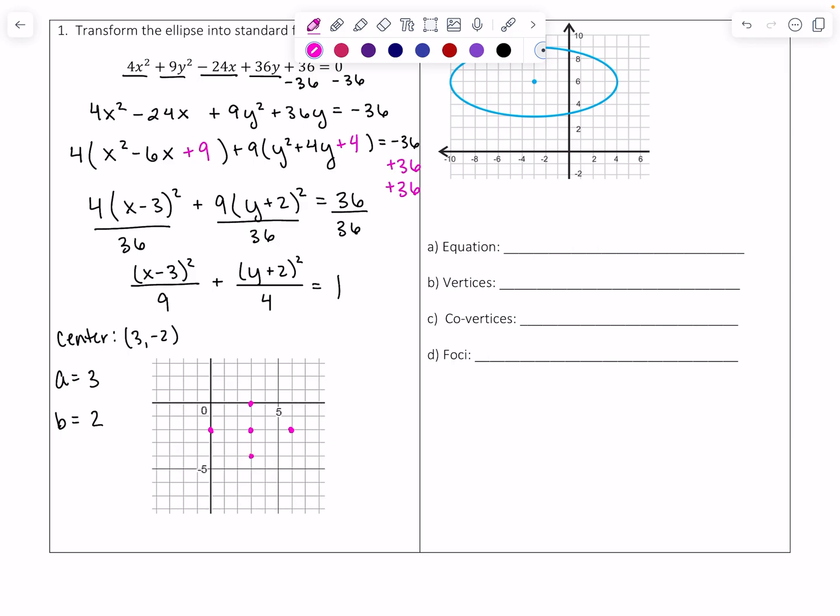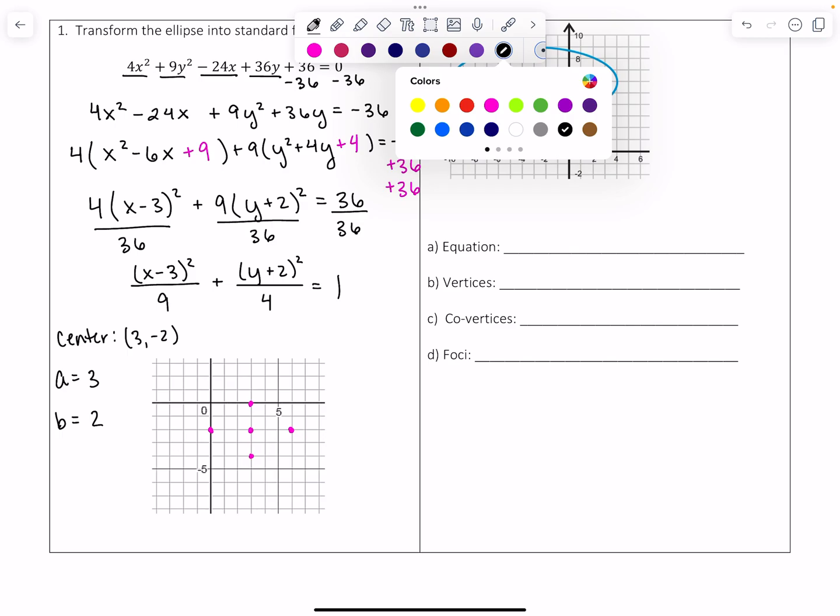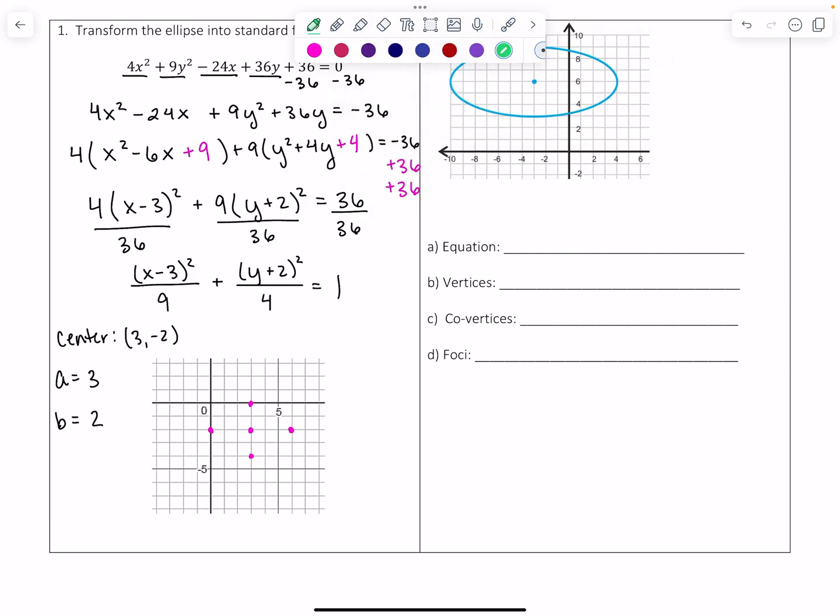Okay, now that we have our lovely points here, we're going to use our pencil to go through our points as best you can. Mine didn't quite pop in a nice curve, so hopefully I can get that going here. There we go. Kind of an ellipse. Let's see if I can get this.